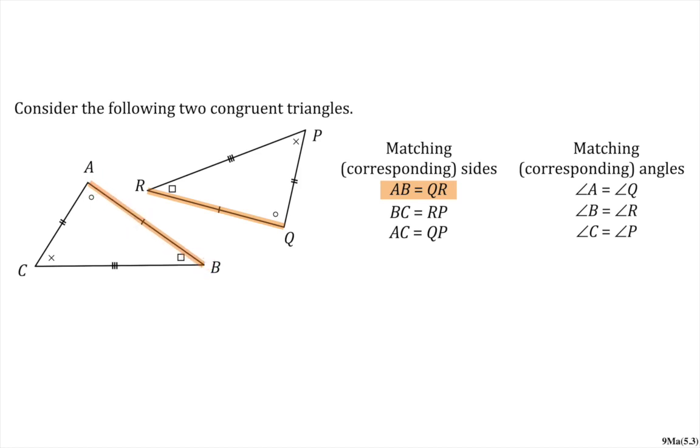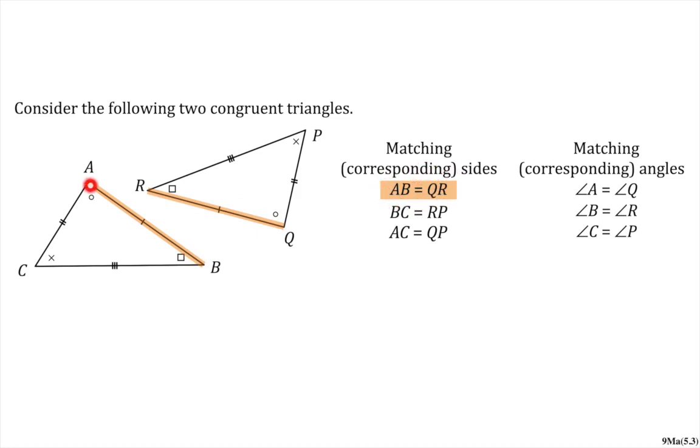On the other triangle, R to Q or Q to R has one dash on the side. Those two sides are the same length, which means they match each other. They correspond because they are the same length. That means A to B and Q to R are the same length as each other.